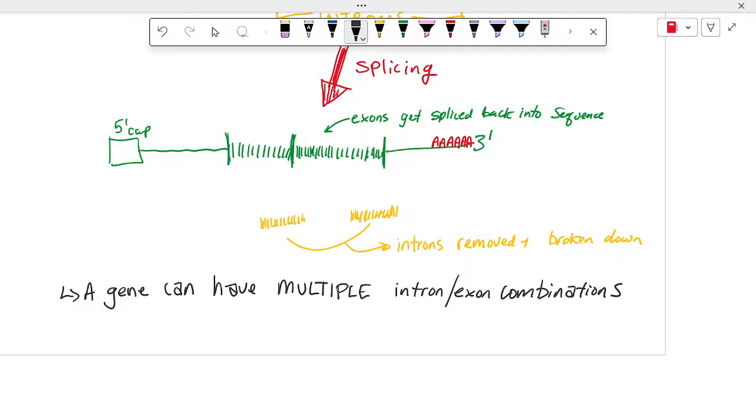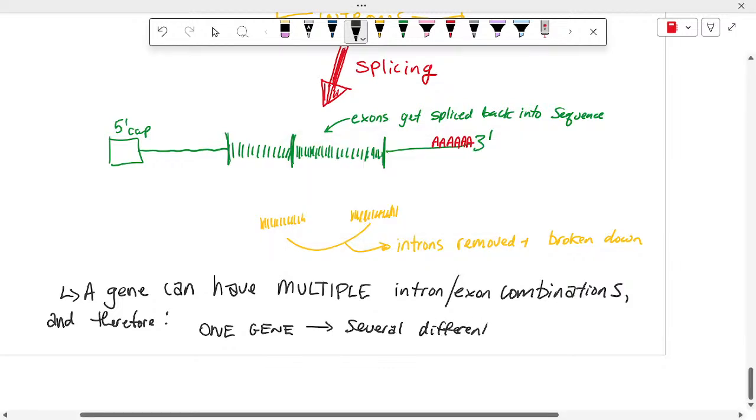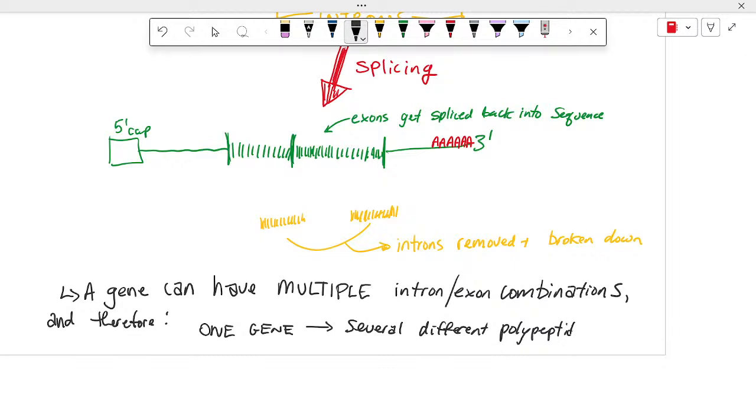So it's actually the case that one gene can potentially have several different polypeptide sequences. So the one gene, one polypeptide sequence is the central dogma, but it's a little bit naive. The truth is that once we splice it, there can actually be a few different combinations.